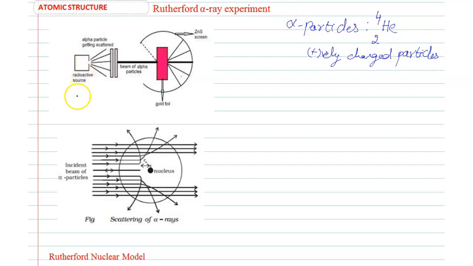Here, a radioactive source is taken. The alpha particles are coming from the source, and this is a lead plate. Actually, in the middle some hole is there.